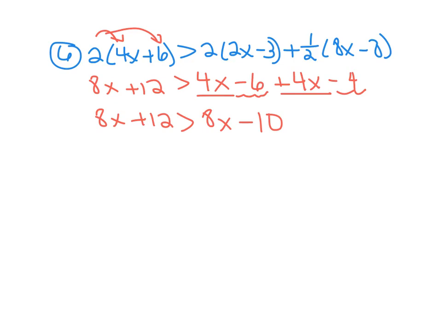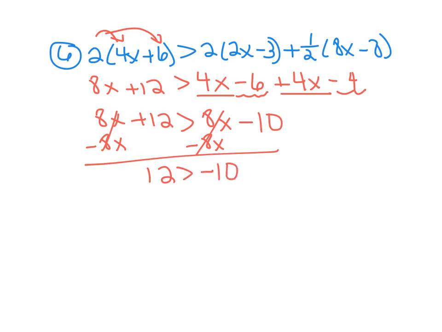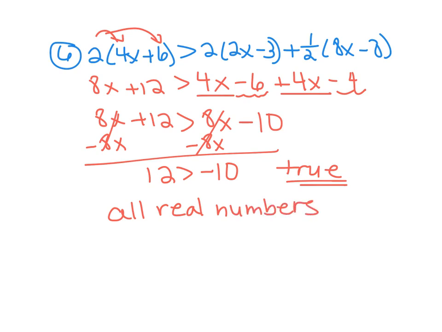Now, you should notice at this point, okay, look what's going to happen to my variables. Cancel, cancel. 12 is greater than -10. Is 12 greater than -10? Yes, this one is true. So if it is true, your answer is all real numbers. I know this is a little bit different than equations.